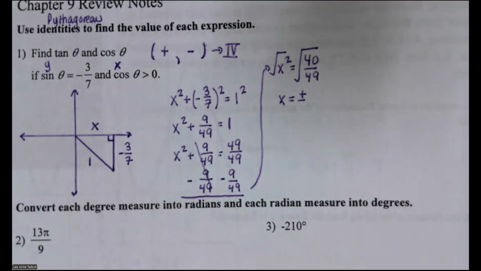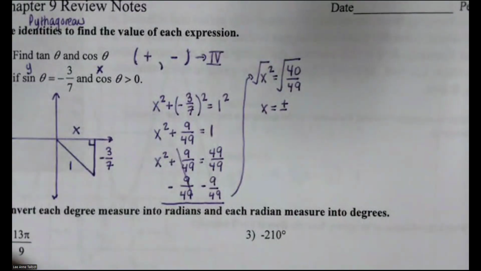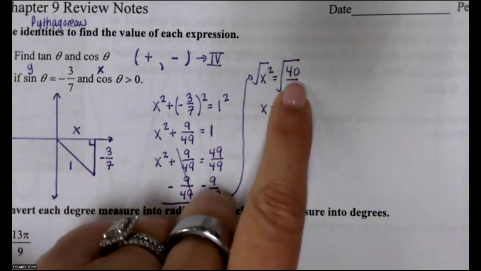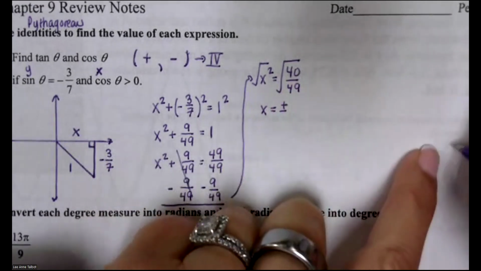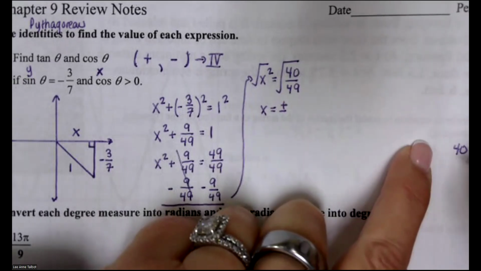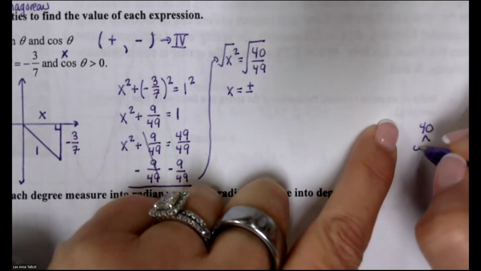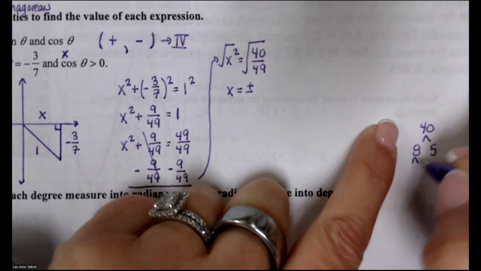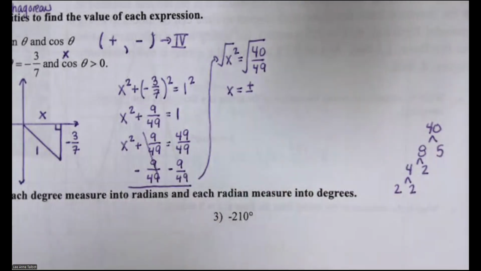Okay, now this is going to be a minute. So as I said, these problems get spicier the further we go. This one has a simplifiable square root. So over here in the space, I'm going to go 40, 8 and 5, 4 and 2, 2 and 2.